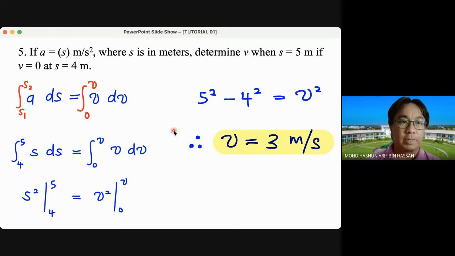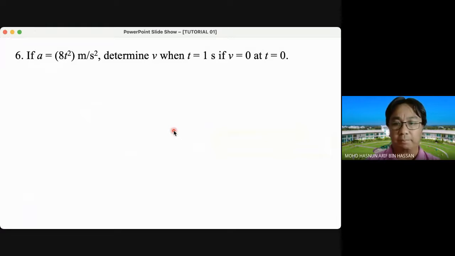All right, let's go to question number 6. If A is 8t square, okay, now the function of A is given in t. Tadi is given in s, now is given in t. Determine v when t equals to 1 seconds if the initial condition is given here, v equals to 0 at t equals to 0.